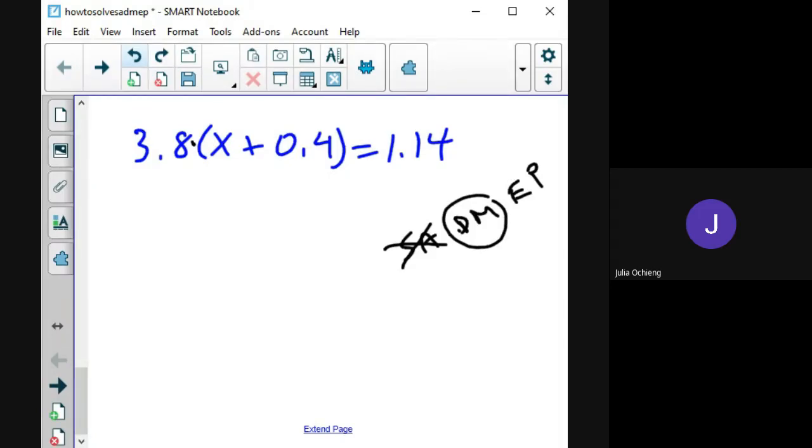So I have to get rid of the times 3.8 by dividing by 3.8. So you're going to do 1.14 divided by 3.8. And I'm getting 0.3.